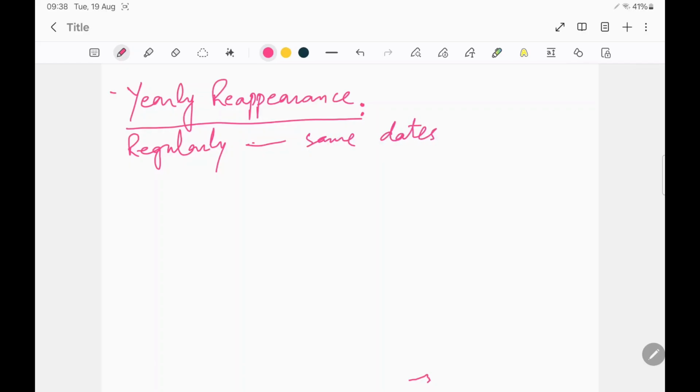In case of Leonids, they appear in the month of November, and normally the dates are between 14 to 16. And Perseids normally appear in the month of August, between August 10 to 12. So it is almost the same dates that they appear.